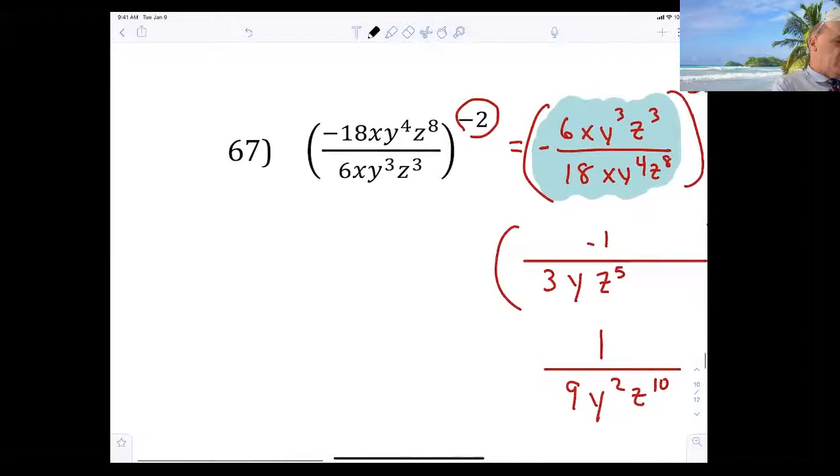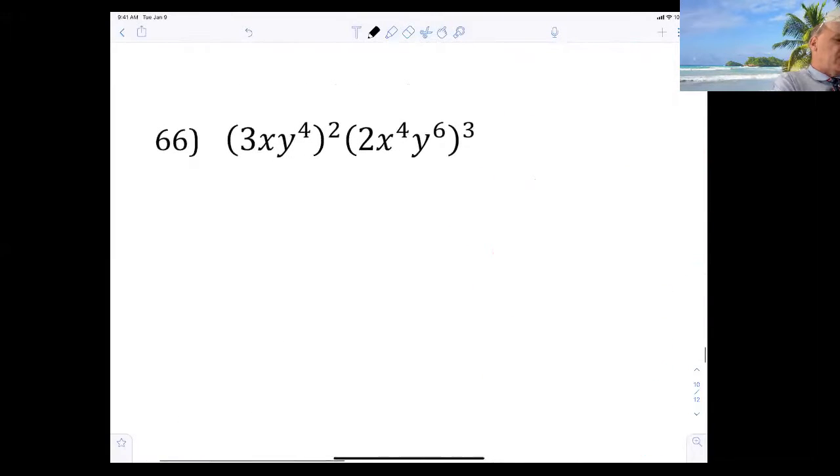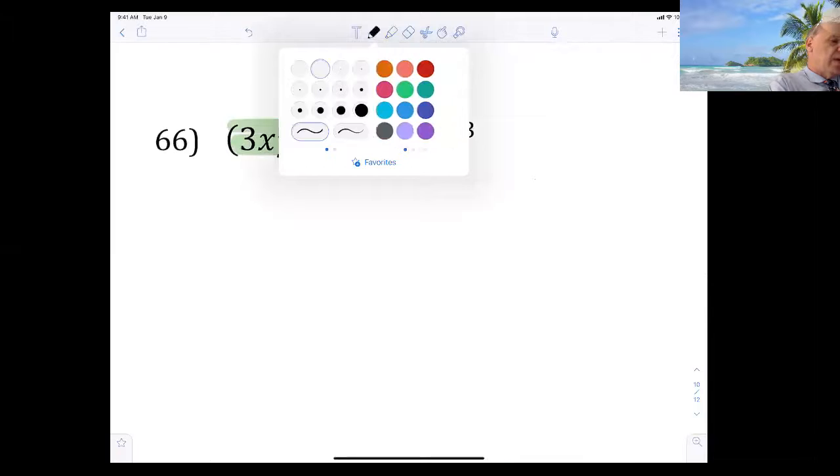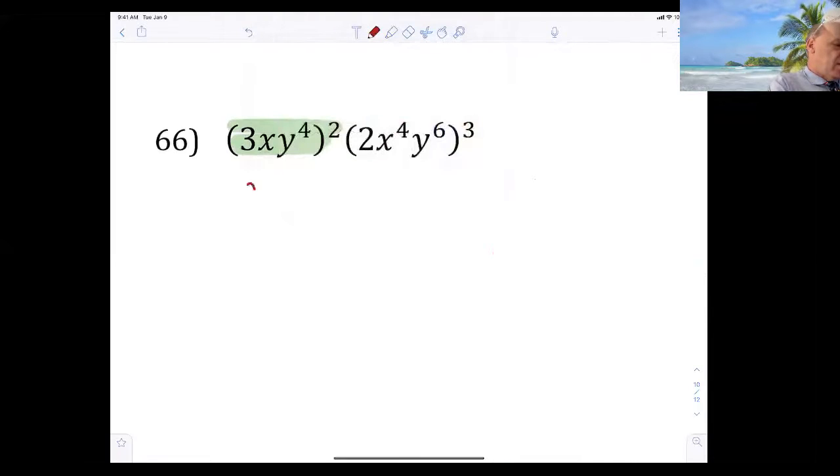Here we go. Continuing backwards. 66. This one's kind of annoying because you got to do them separately. We're going to do this first. Everybody should be able to look at that and say that's just y to the, beautiful.